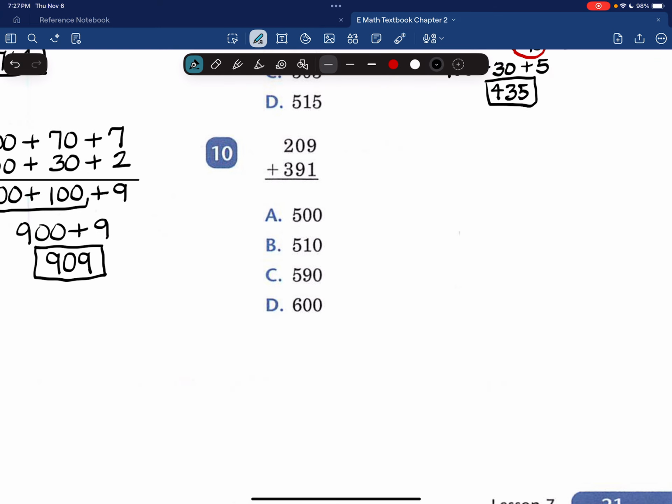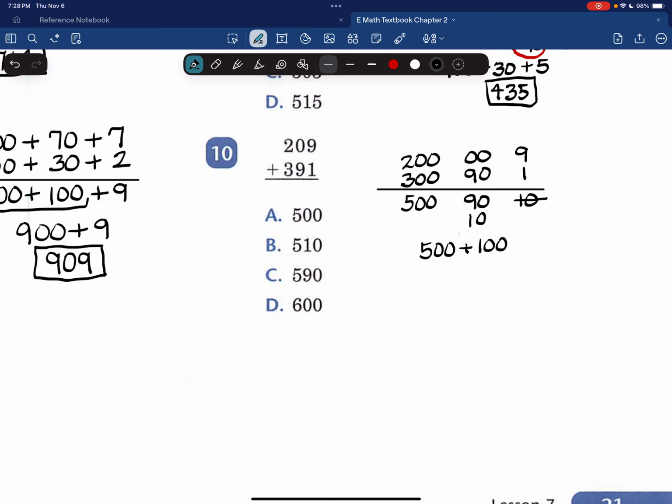Okay, on number 10, we have 200s, no 10s, 9 ones, and then we have 300s, 9 10s, and 1 one. So let's do 500, 9 10s, and 10 ones. And so I'm going to take that 10 ones and move it to the tens column. And we're left with 500 plus 100 plus 0.